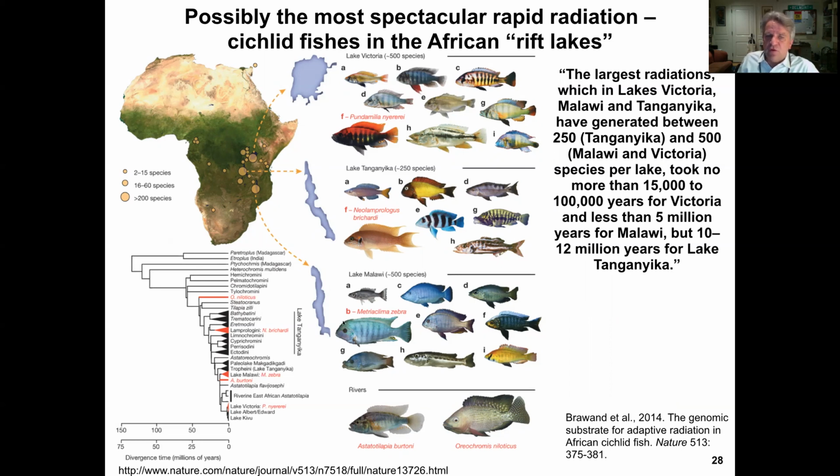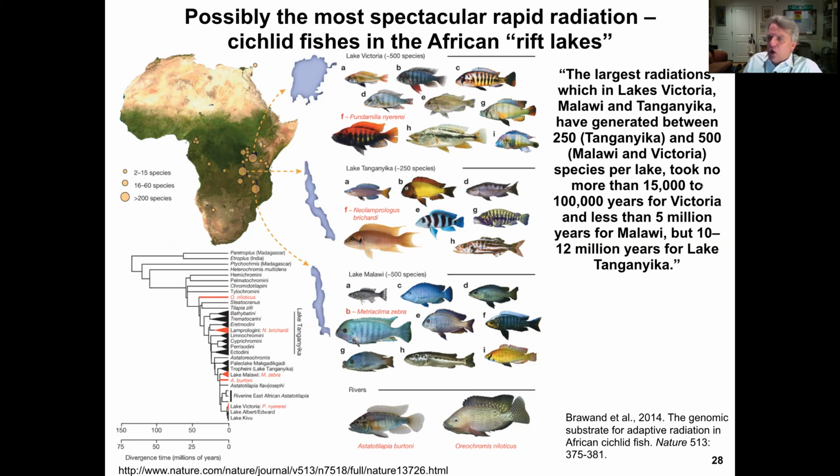Now, the fishes of Lake Malawi and Lake Victoria are each monophyletic, meaning that all of those species look like they descended from a common ancestor. Lake Tanganyika is not monophyletic, but a lot of the lineages clearly diversified in Lake Tanganyika. Now, check this out.